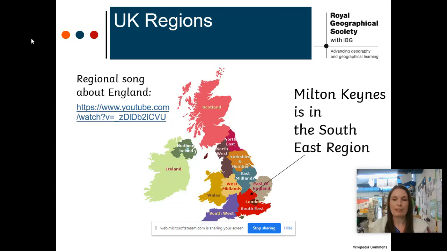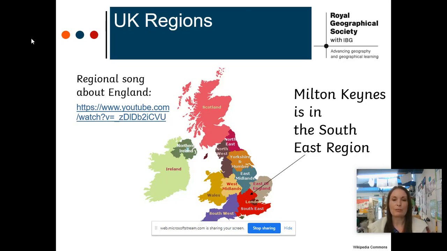Now, we have learned so far that there are 4 countries in the United Kingdom. Can you remember what they are? But the United Kingdom is also made up of special places called regions.